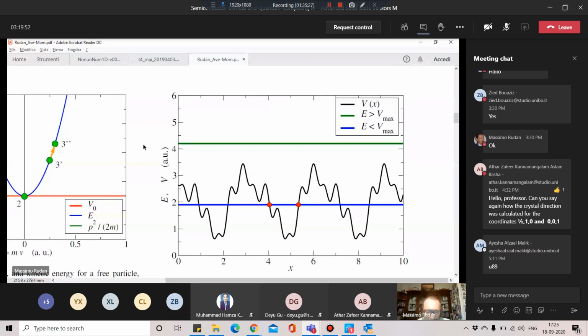Now we are almost at the end of the second hour. The point is, assume that you want to describe the motion of a particle inside the crystal, that is inside the periodic energy, using for the moment classical mechanics.